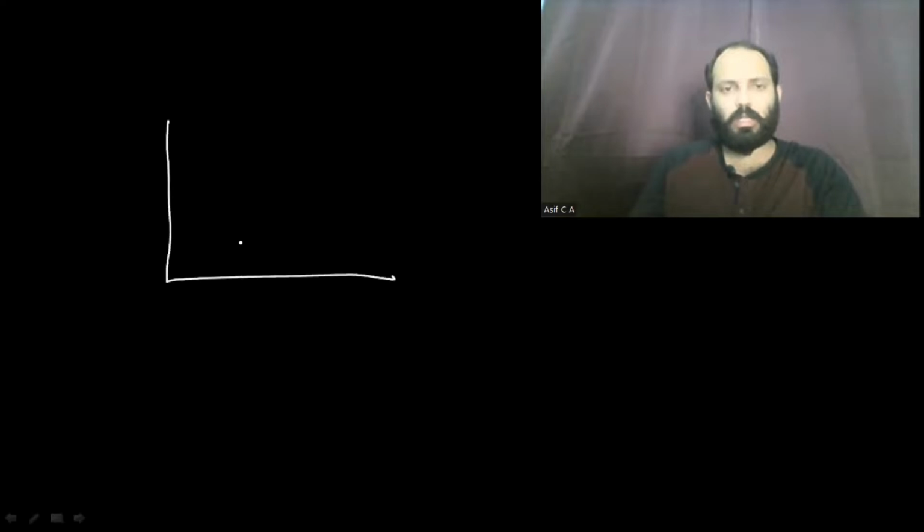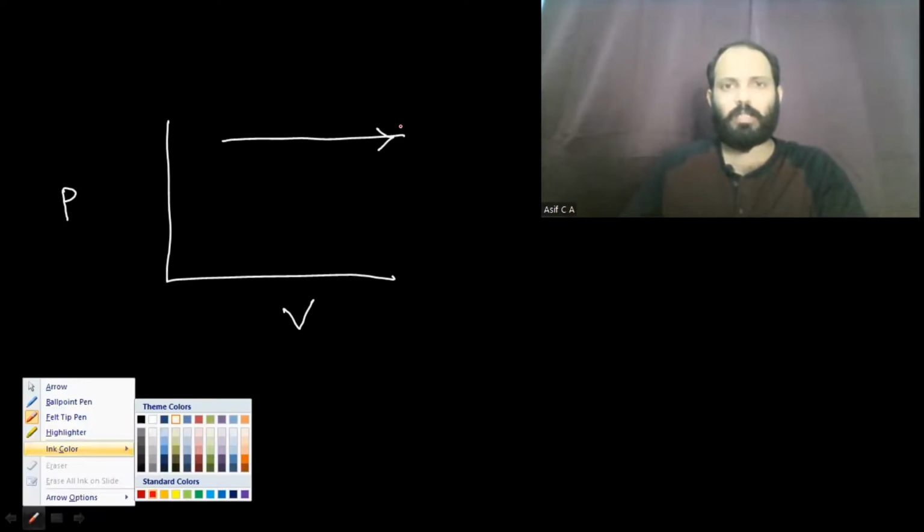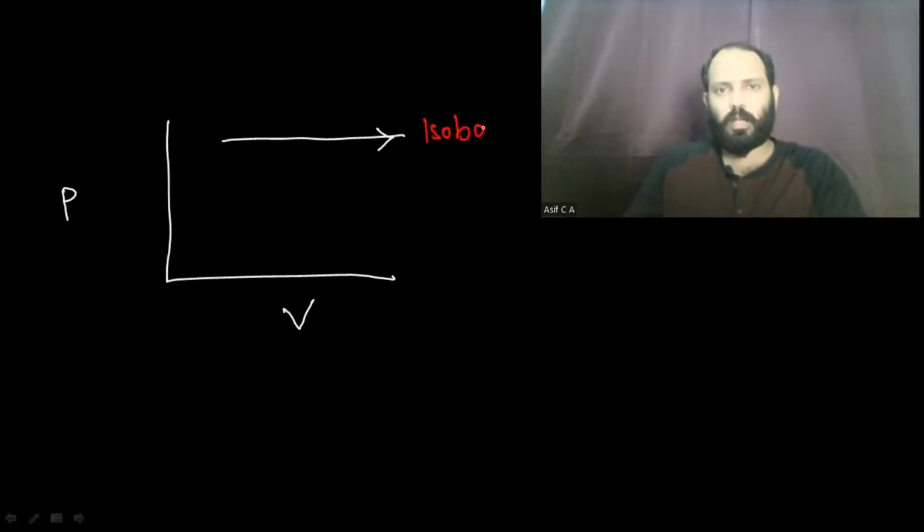If we plot a graph of P versus V, in isobaric the pressure is constant, so for isobaric you will get a graph like this. This graph is for isobaric.